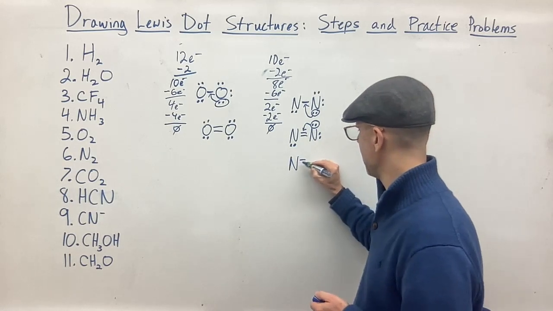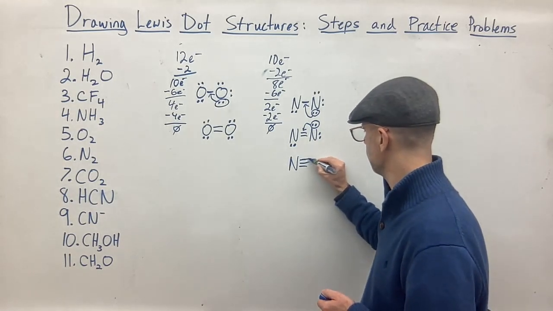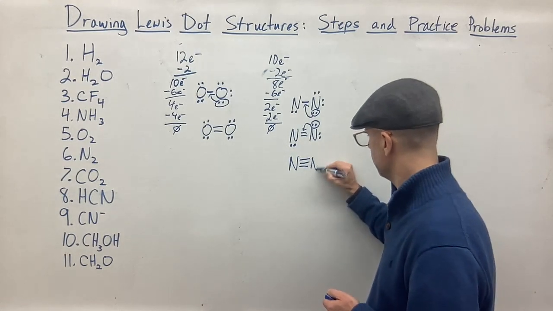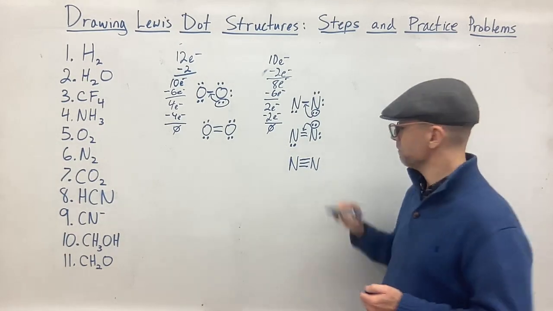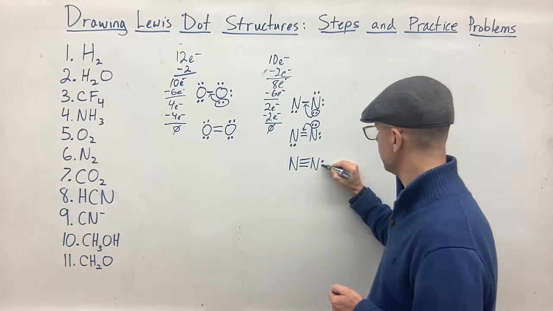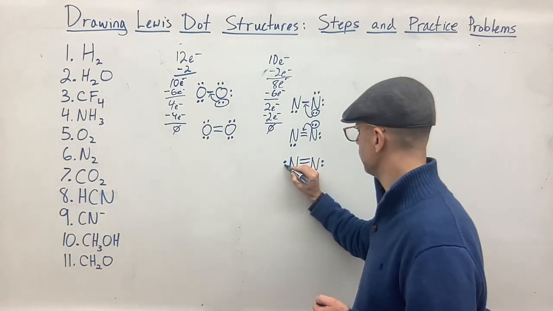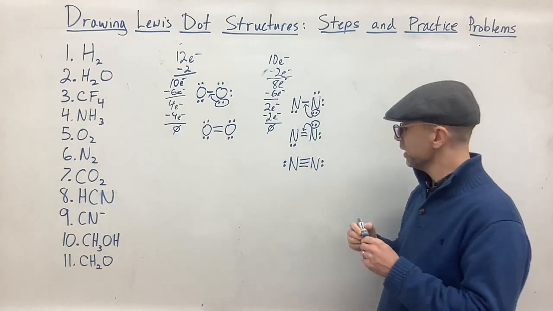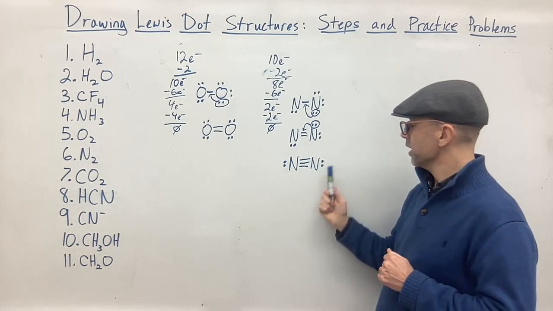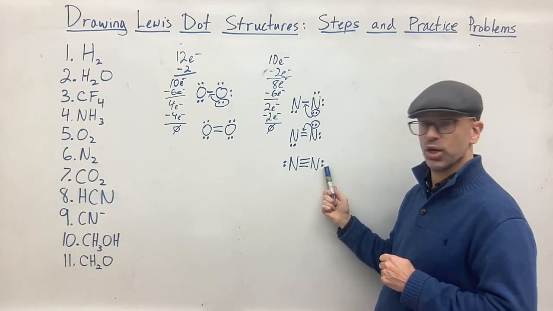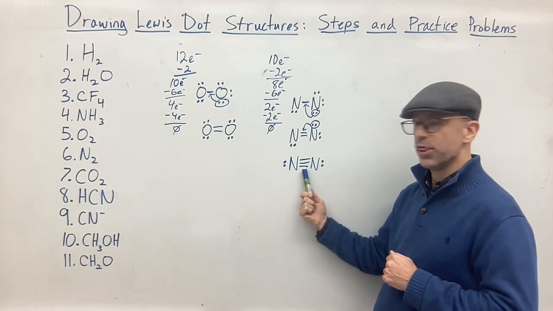And so now I have a triple bond between the nitrogens, and this one has 1 lone pair, and this one has 1 lone pair. Now if I double check, this nitrogen has 1 lone pair, 2 electrons, and 3 bonds.